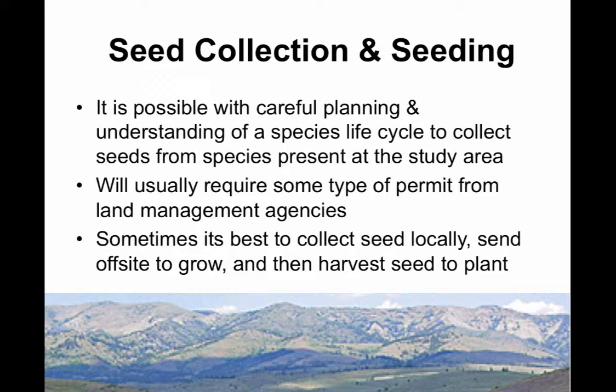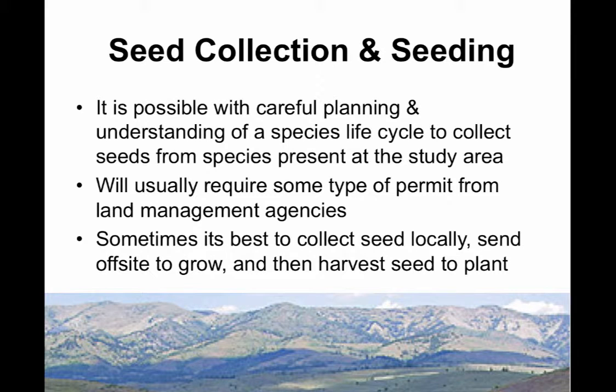When we think about elevation and moving species from a lower elevation to a higher elevation and vice versa, those things can also influence how successful a species is going to be as part of restoration success. So you really want to understand the life cycle and be careful about where you select the seed that you're going to use as part of your restoration plan.